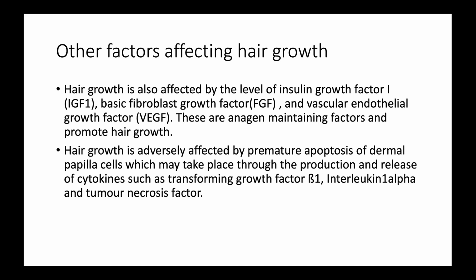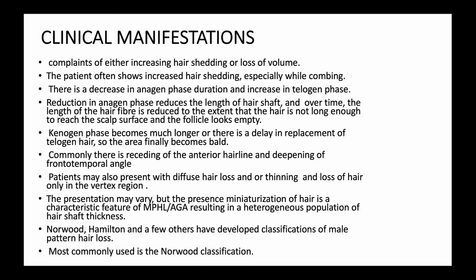So there are two types of factors: one is growth promoting, and another causes the inhibition of hair growth, and out of that the most important are transforming growth factor beta 1, interleukin 1 alpha, and tumor necrosis factor, which have a negative influence.